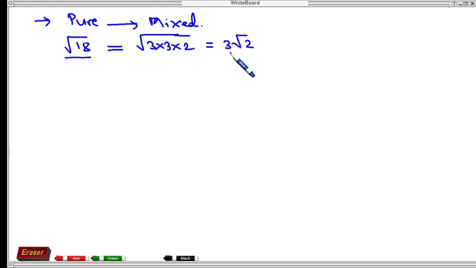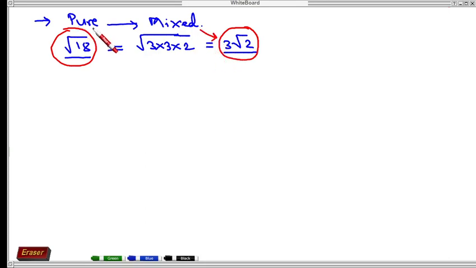Root 18 and 3 root 2 are the same, but this is a pure surd, and this is a mixed surd, because the coefficient is other than 1 or minus 1.